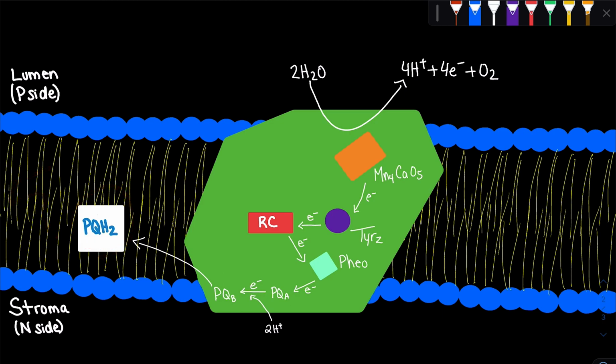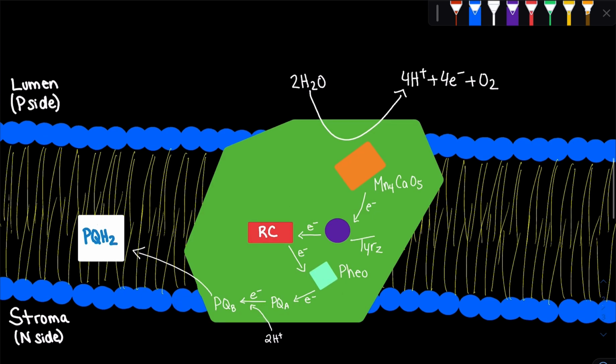Now, the question we have to ask is, we lost an electron over here. We passed it along. How do we regenerate this electron? That's where the oxygen evolving complex comes in. We have this complex over here. It's known as the oxygen evolving complex because it's going to produce oxygen as a byproduct.